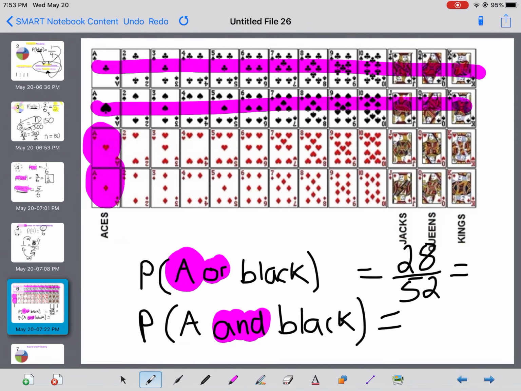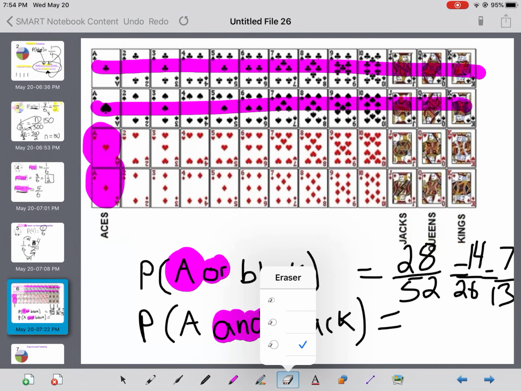Which, if I wanted, I could simplify. Let's divide by 2, so I get 14 out of 26. Let's divide by 2 again, so I get 7 out of 13. So the probability of me picking a card from a deck that's an ace or black is 7 out of 13.